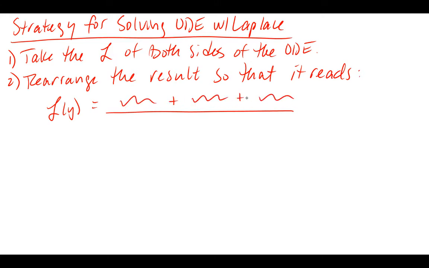Let's pretend I have 3 terms. And of course we're going to do that just by algebra. We're going to get the Laplace of y terms on one side, the non-Laplace of y terms on the other side, then we're going to factor out the Laplace of y and divide the term to the other side. All right? But again, this is just algebra.